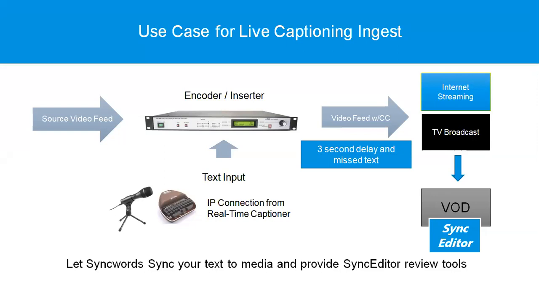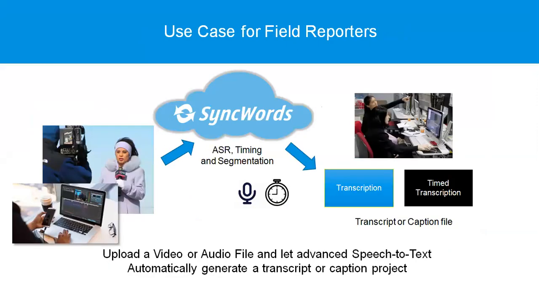And the next thing is, of course, the field reporters. So I mentioned that you have someone going to report on a specific interview or news story, and they have to do a quick edit on their laptop right then and there.